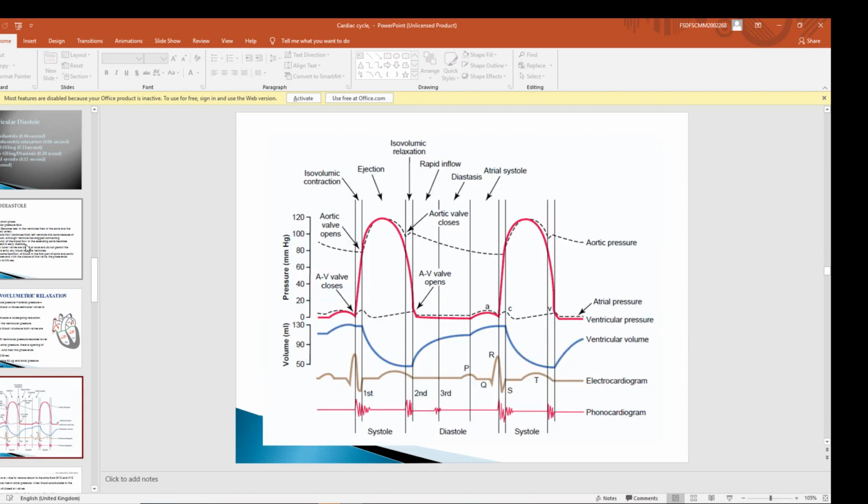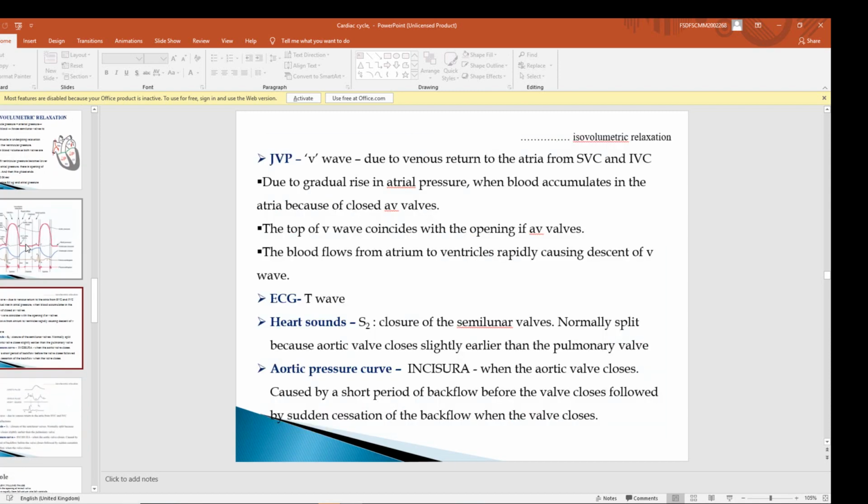Again, you can see the period of isovolumic relaxation. Isovolumic relaxation is represented by the V wave in the JVP, which is due to venous return to the atria from the superior and inferior vena cava, due to gradual rise in atrial pressure when the blood accumulates in the atria because of closed AV valves.